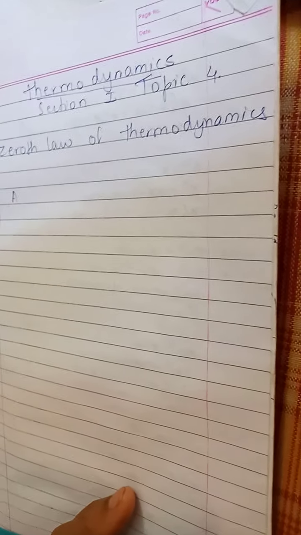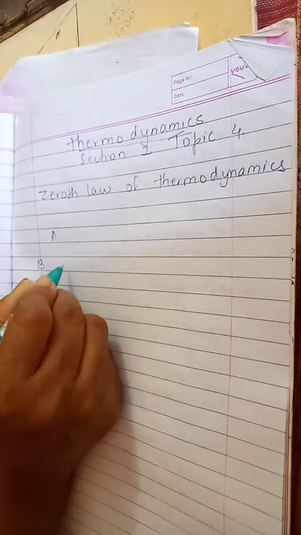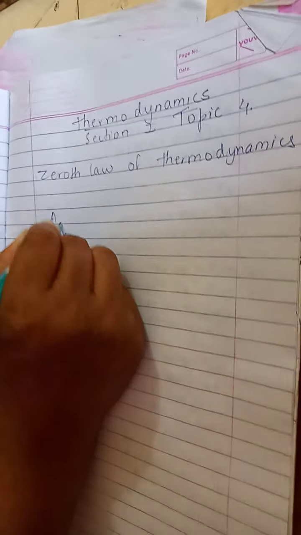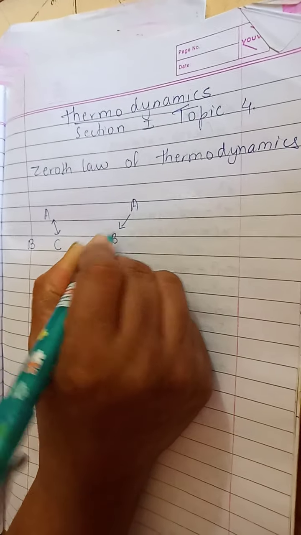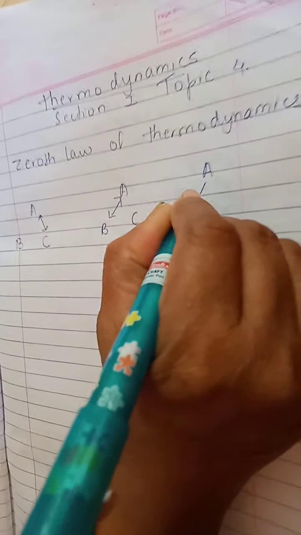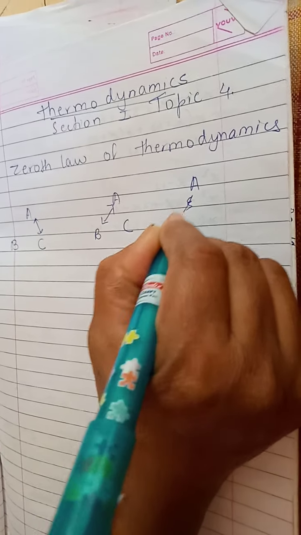If two systems each are in thermal equilibrium with a third one, then they are said to be in thermal equilibrium with each other. Meaning, consider three bodies A, B, C. If A is in thermal equilibrium with C, and A is in thermal equilibrium with B, then definitely B is in thermal equilibrium with C.